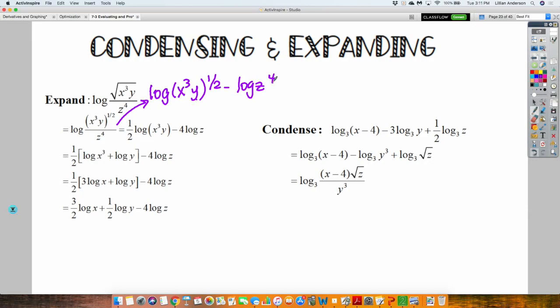You are expanding here. The last little bit that you need to do is to separate this x to the third times y by using the multiplication rule. Multiplication rule turns into addition. And then on top of that, you got another power. So you bring that to the front. And then distribute. And then you're done.